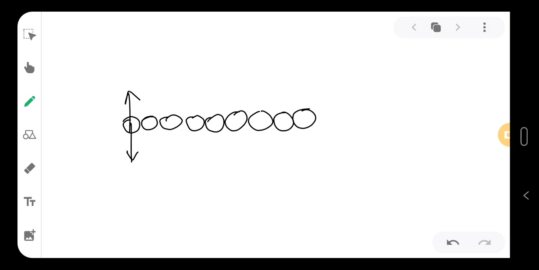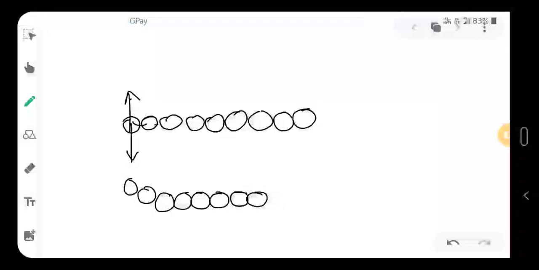Now say the first particle is holding hands with the next particle. When it goes up, it will also pull the next particle along with itself. So the first particle will move up, and the next particle will move a little bit because it is being pulled, and accordingly we'll see the next picture like this.